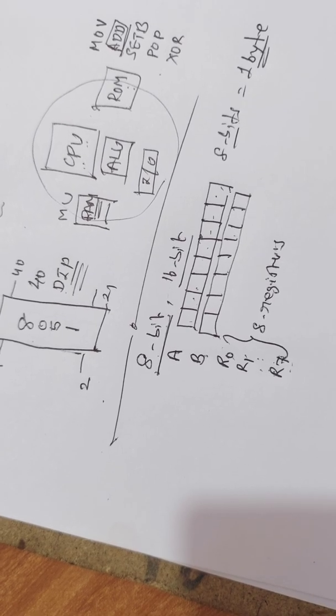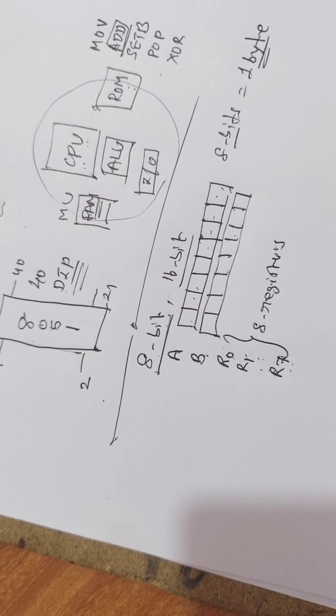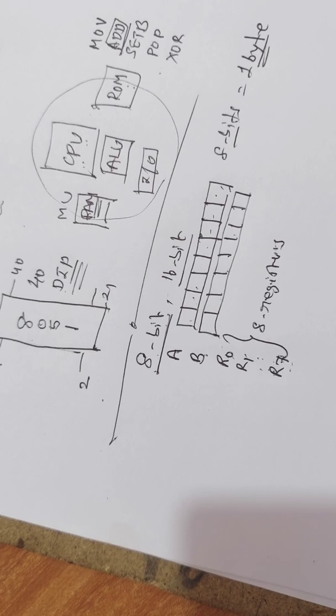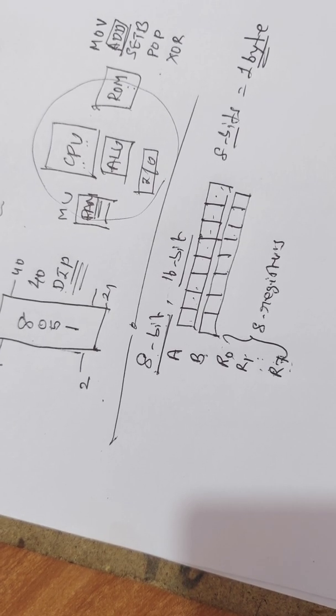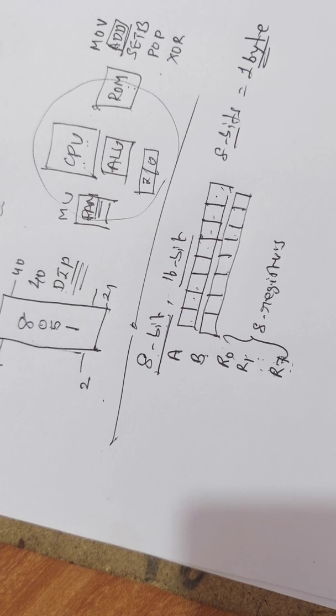And the microcontroller is programmed by means of hexadecimal numbers. This hexadecimal number is converted into binary numbers because the primary language of the microcontroller is binary language. It works by means of binary instructions only.